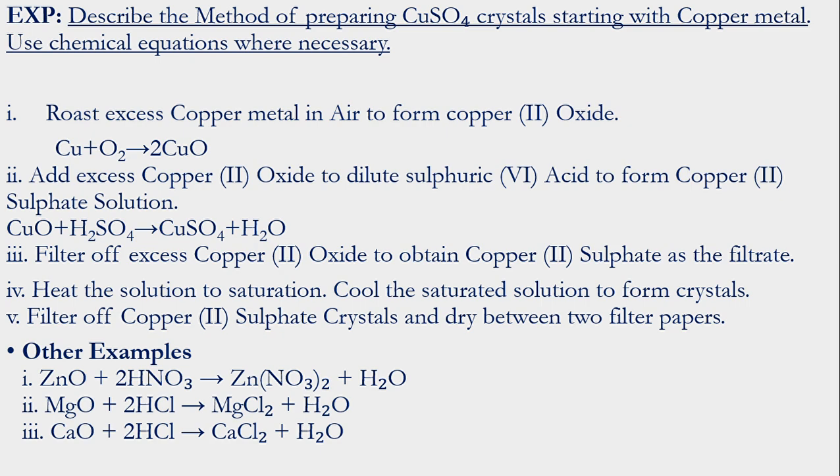So that is the experiment to obtain a salt of copper sulfate, which is a reaction between a base and an acid. Other examples of salts that can be formed using the same process are zinc nitrate, magnesium chloride, all those salts.